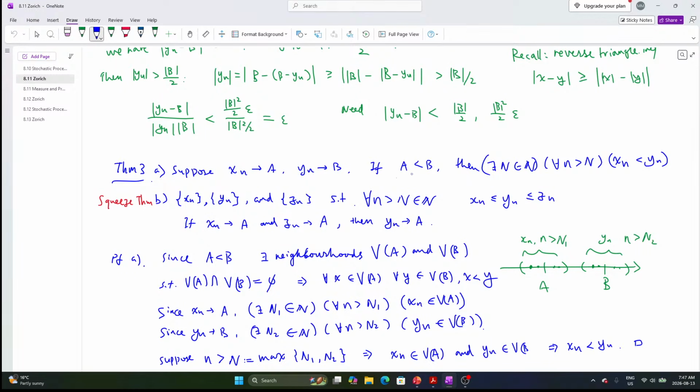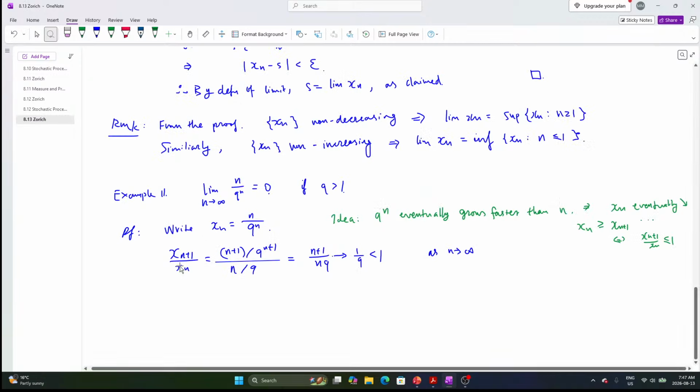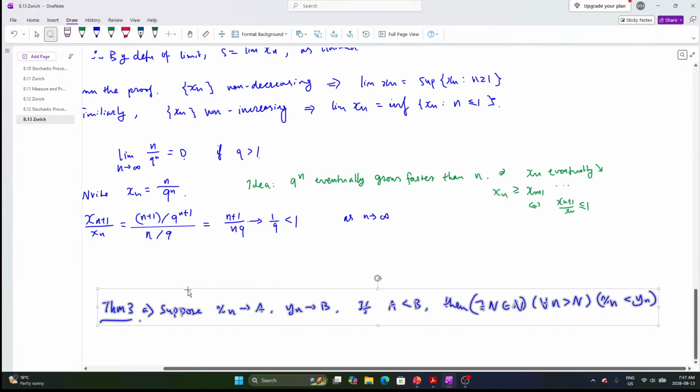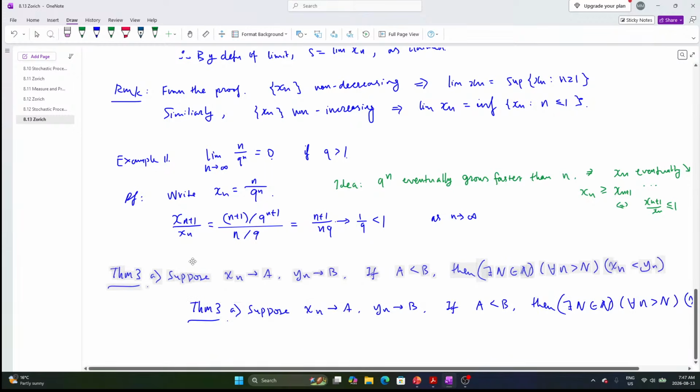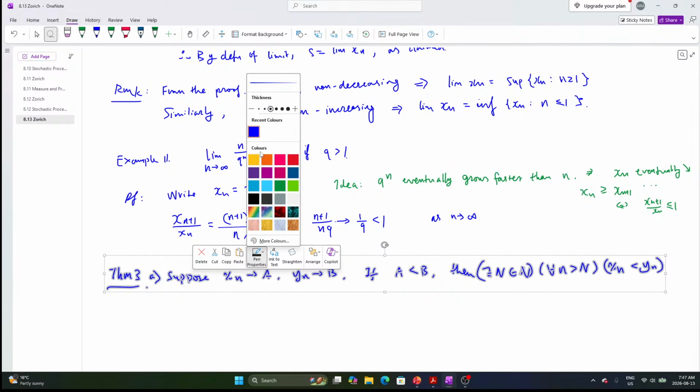If a is less than b, then x_n is eventually less than y_n. So this is the theorem. Let's copy it here to see how it can be applied. This is from 3.1.2, Zorich.